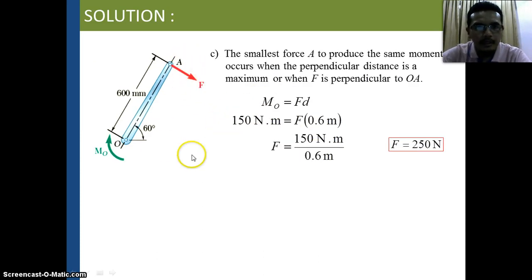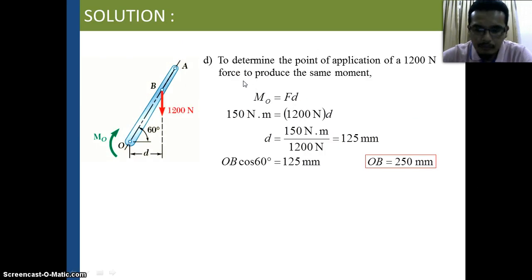But here the moment is equal to 150 but the force is 250. So it's the minimum force. If you want to find the smallest force, the force must be perpendicular to the line from the point that you want to rotate about. So for O, OA is the perpendicular, and the force must be perpendicular to OA here.